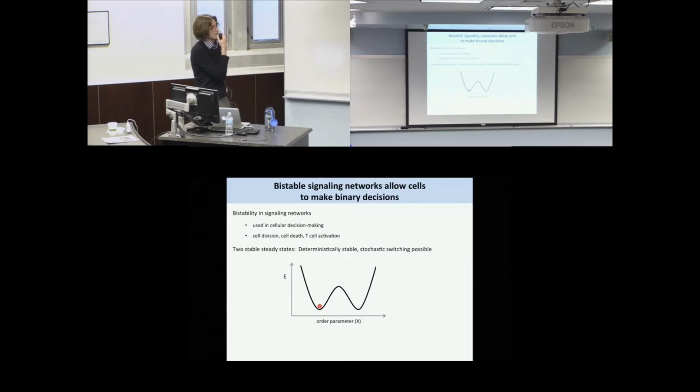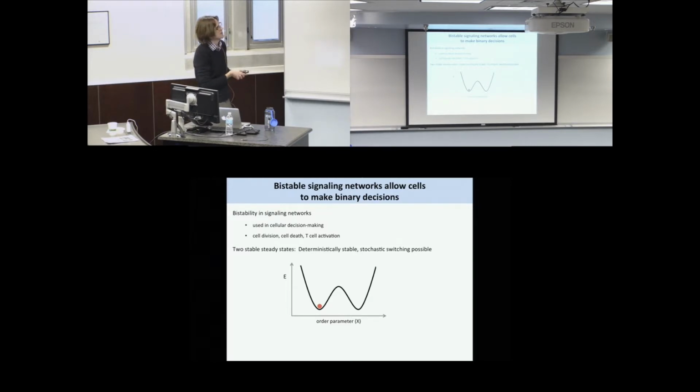This is a system that can exhibit bistability. This is, I'm sure, familiar to all of you, so I'll briefly go through it and why cells use it. Bistability in signaling networks is often used in decision making. It's used, for example, in cell division: once a cell decides to divide, it wants to keep dividing. It's used in cell death: once a cell decides to die, it wants to make sure it dies. And it's used in T-cell activation.